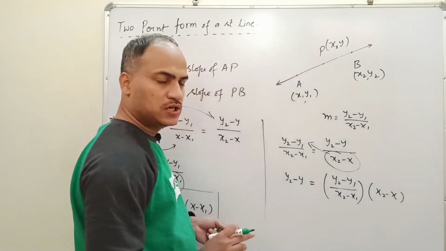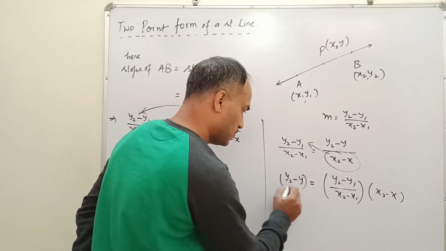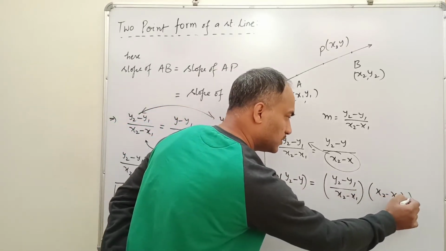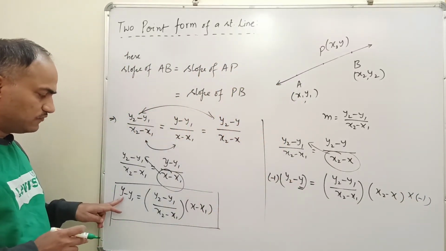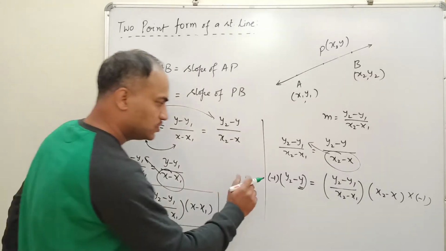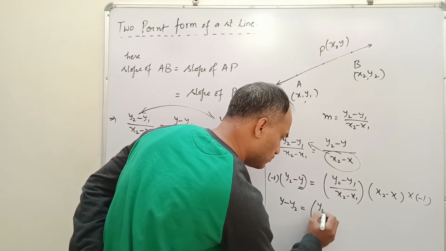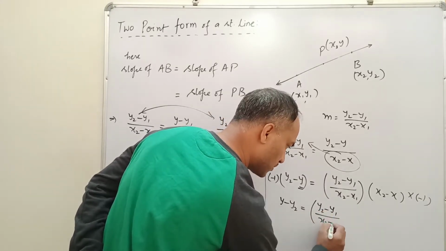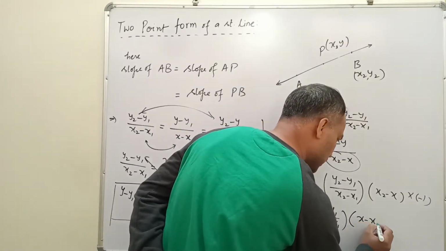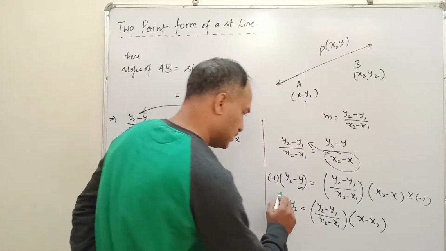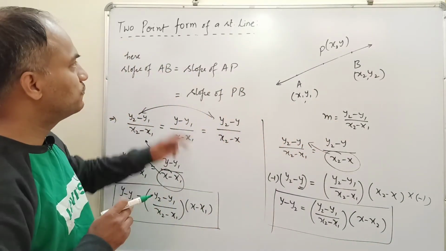We can multiply both sides by minus 1 because we want to keep the variable y in the first place. Here the variable y was in the first place. So this gives us y minus y2 equals (y2 minus y1) upon (x2 minus x1) into (x minus x2). So this is also an equation of a straight line in 2-point form.